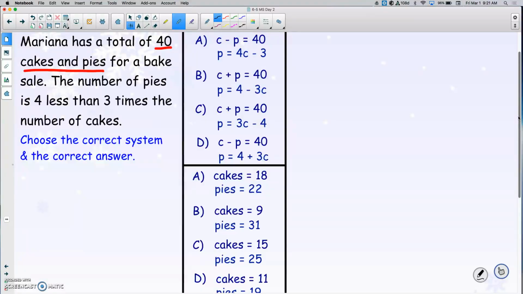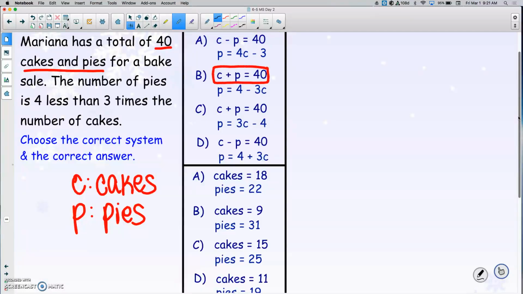Well, remember that if C is cakes and P is pies, similar to the last one that I just explained, she's got a total of 40. That means that they have to add up to 40. So this equation looks good to me, and so does this one. Definitely not the ones with subtraction.